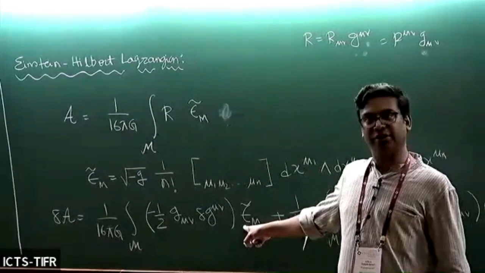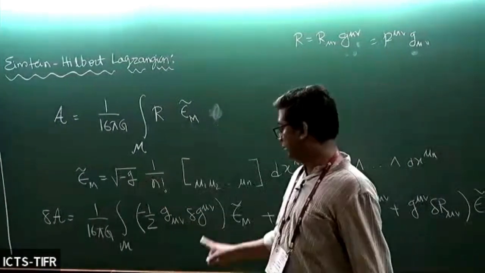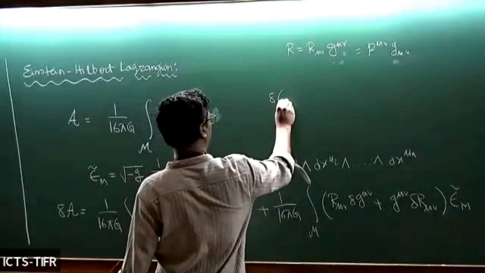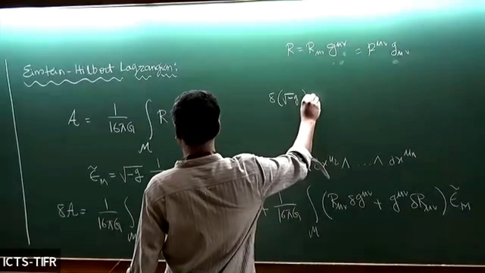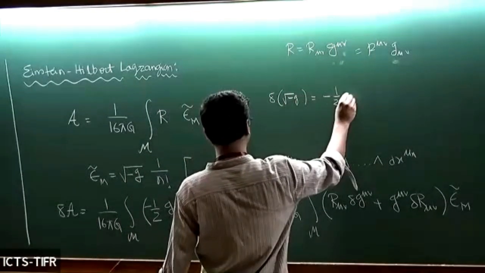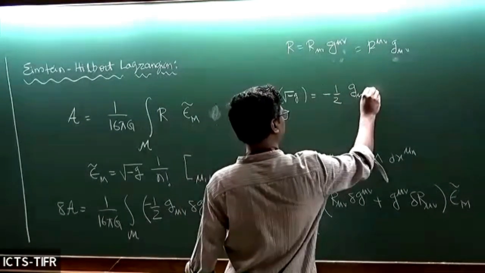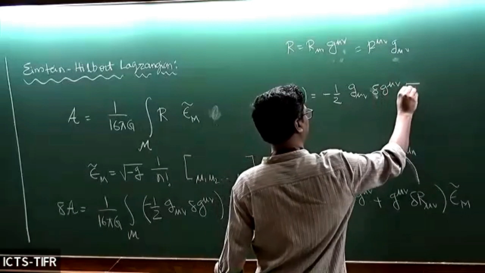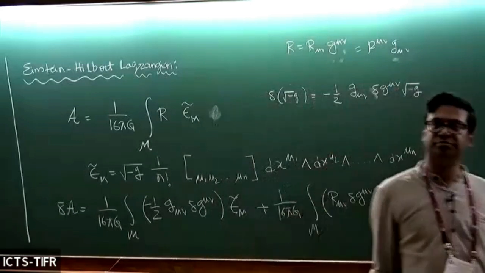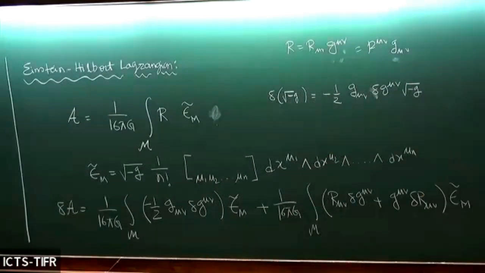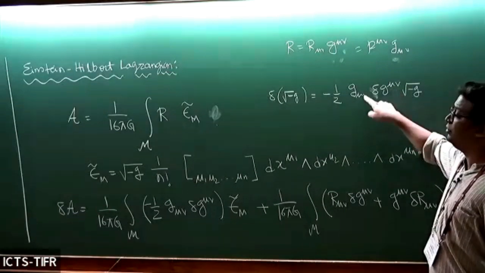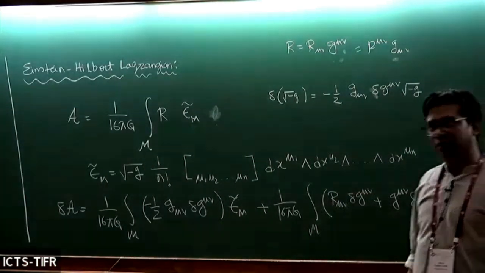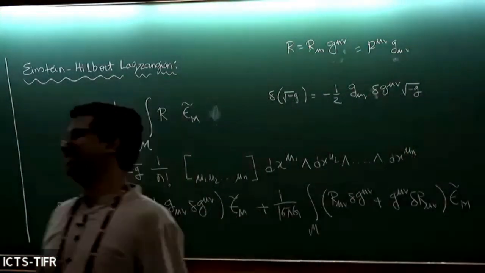What I have used is delta of square root of minus g is equal to half square root of minus g, g mu nu delta g mu nu, with a minus sign. If I used all down, I would have got the same thing without a minus sign. Agreed? This is standard stuff.